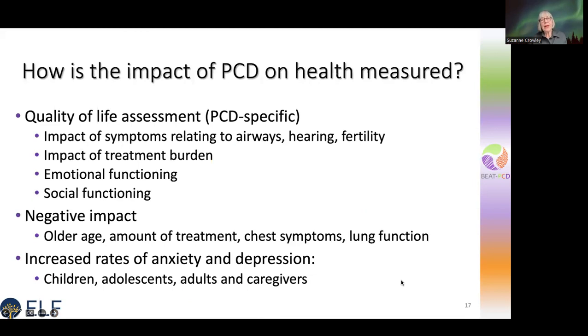Importantly, we need to know how to measure the impact of PCD on patients' health. We can do that by the instruments we have in the lab, and I'll talk about lung function, but it's important to know what the patient reports or what the patient feels.